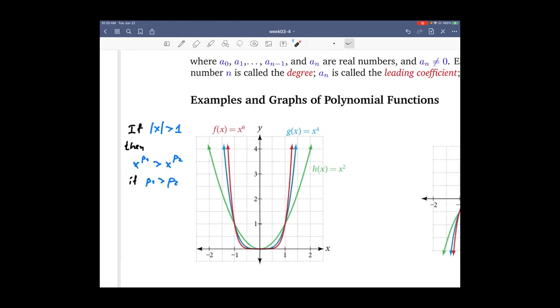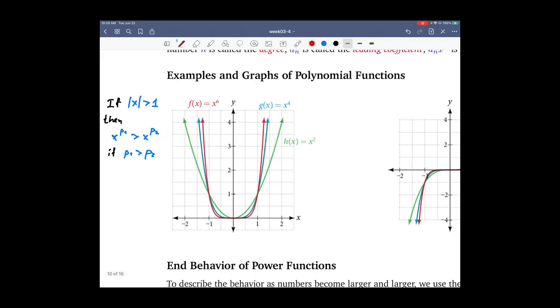We can explain why this is the case, because this inequality, x to the power p1 greater than x to the power p2, is logically equivalent to x to the power p1 minus x to the power p2 greater than 0, which is logically equivalent to, let us factor out x to the power p2, so that in parentheses we have x to the power p1 minus p2 minus 1, greater than 0.